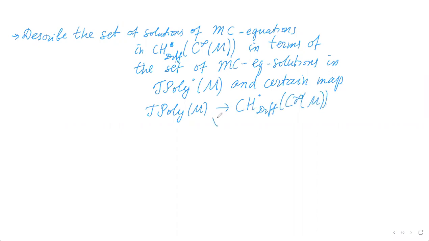This map should extend the Hochschild-Kostant-Rosenberg map. So I write it in the form of the Hochschild-Kostant-Rosenberg map plus something. The existence of these correction terms is what makes this map useful for us, because it actually proves that the sets of solutions on the left and on the right coincide up to equivalence.